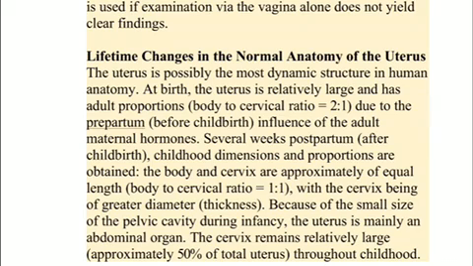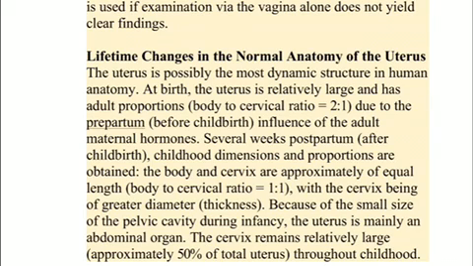This is due to prepartum influence of the adult maternal hormones. So the hormones in the blood of the mother influence the anatomy of the uterus of the newborn. So it has adult proportions.